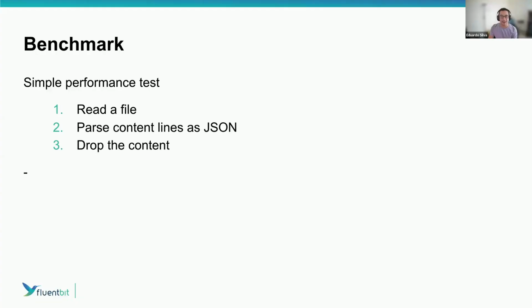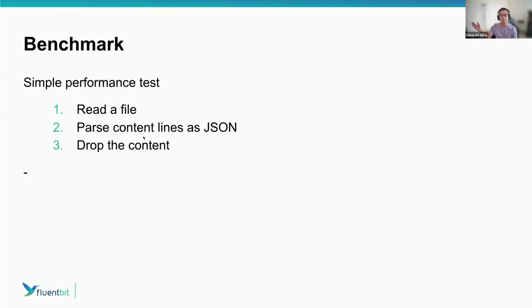or were just trying to put FluentBit in a very bad state from a marketing perspective. So we just did something really simple for these benchmarks when we tried out this new version. The benchmark of this version I'm going to show right now does not have SIMD enabled. This is just very basic. What we do in the test is really simple: read a really big file, parse the content of that file as JSON, and drop the content.